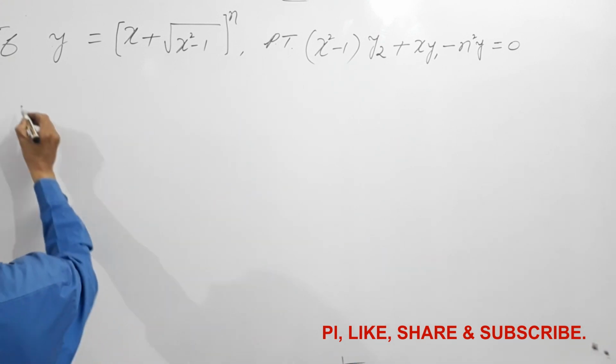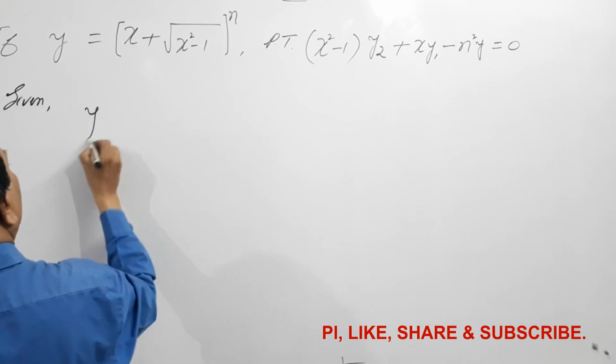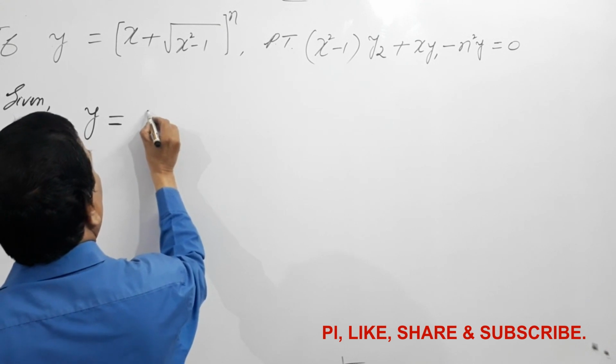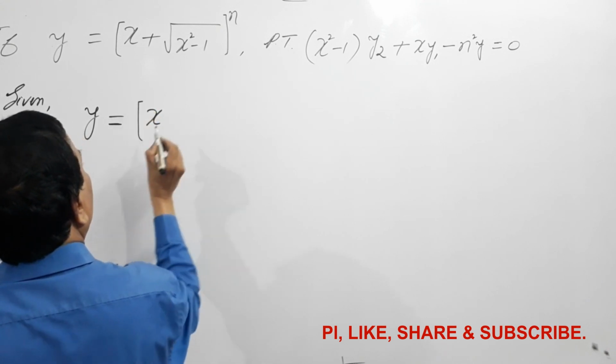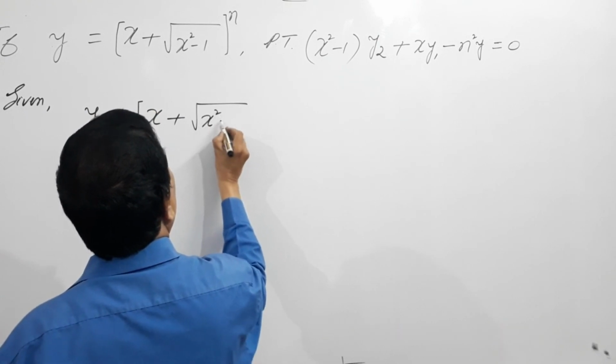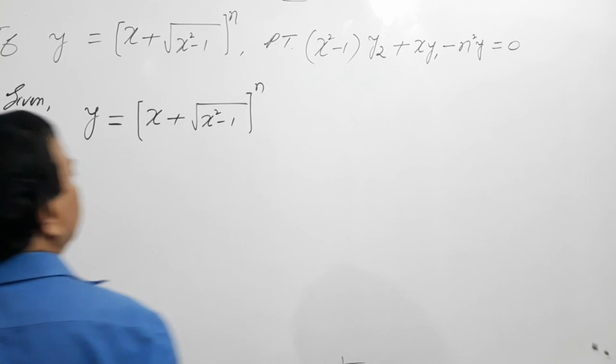So what is given? y equals (x plus under the root x square minus 1) to the power of n, isn't it?